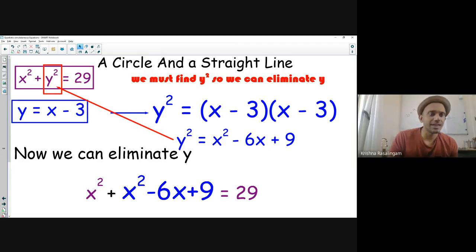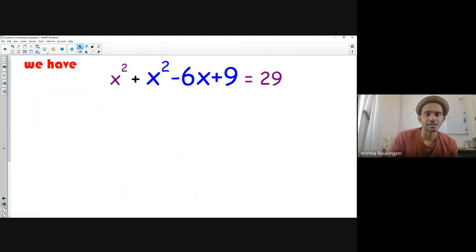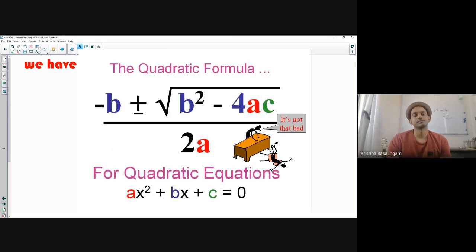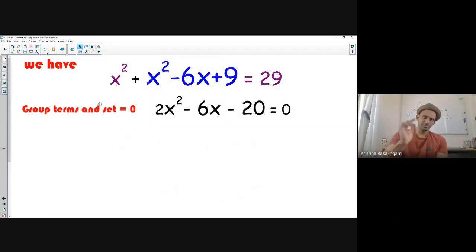So then what we do when we have a quadratic equation, we group the terms and set it equal to 0. Now, at this point in an exam, there's a high chance you need the quadratic formula here, but for this video, they all drop out nicely.